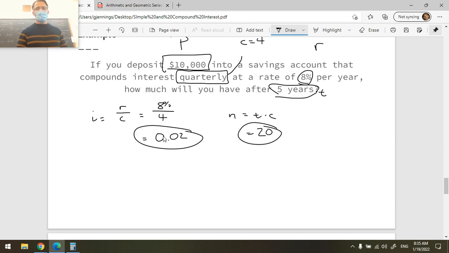All right. So let's take a look. We're going to put this in our formula. The amount of money that we're going to have is equal to the principal multiplied by the growth factor, which is 1 plus the I, 1 plus the interest rate, 1.02. This is 2% every 3 months.